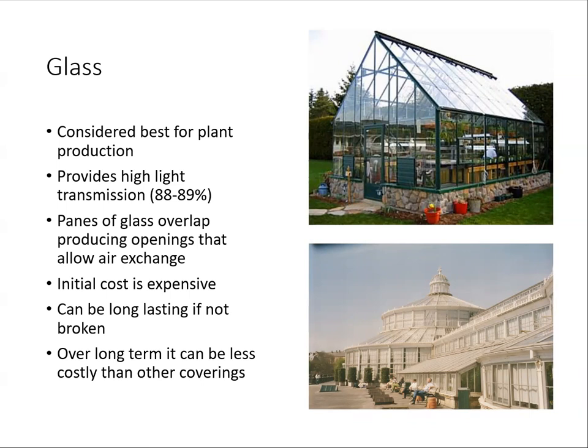The initial cost is really expensive, but the big advantage is that it's incredibly long lasting, as long as you don't break it. Over the long term, it can prove to be less costly than other coverings because of its really long life, but it's incredibly expensive and it breaks. So there's that.